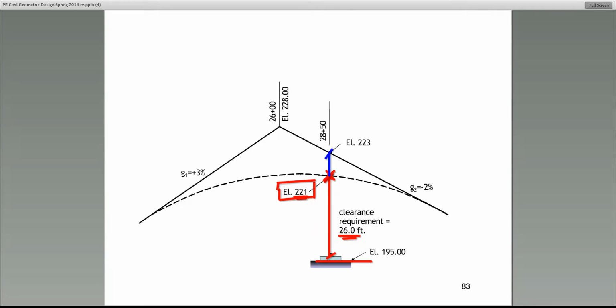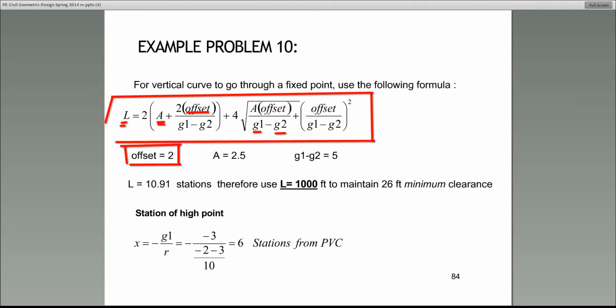That's simply the tangent offset at the station that you're interested in. So it's the difference between the elevation of the tangent line and the curve at that point. It's simply 223 minus 221. So that's where we got the 2.